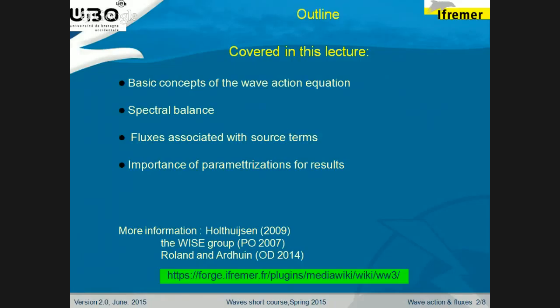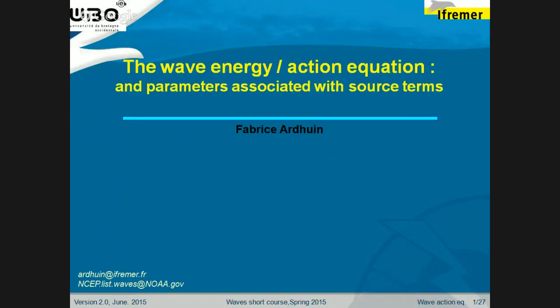Okay, so we talked about spectra, and I'm going to have another 20 minutes to talk to you, going one step beyond the spectra: how the spectra evolve in time and space, and the fact that this evolution is related to fluxes and source terms, and these parameters can also be important, especially for coupling.